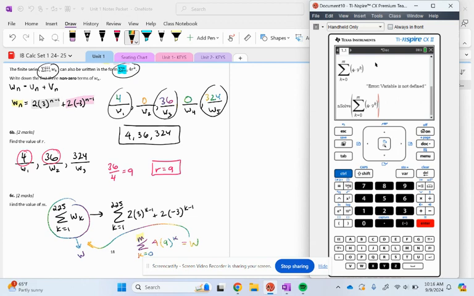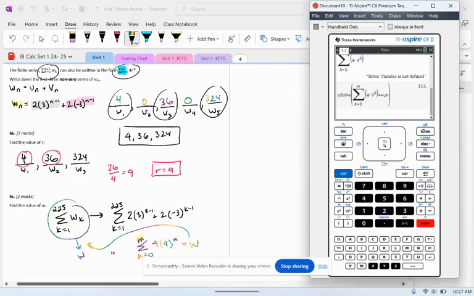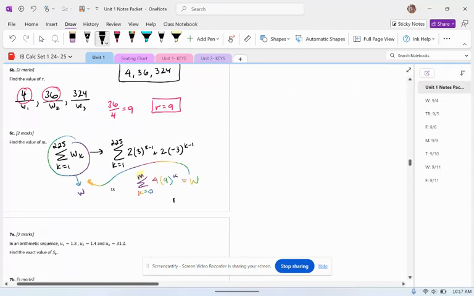And I'm trying to see what value of M makes this thing equal that really long W number that I found up top, because then they're equal representations of the same thing. And I'm solving for M. I'm going to type that in and I get 113. M is 113. Hooray.